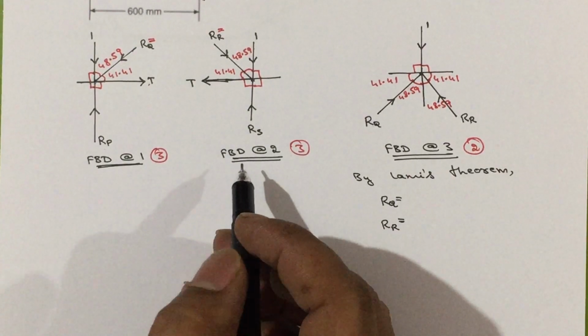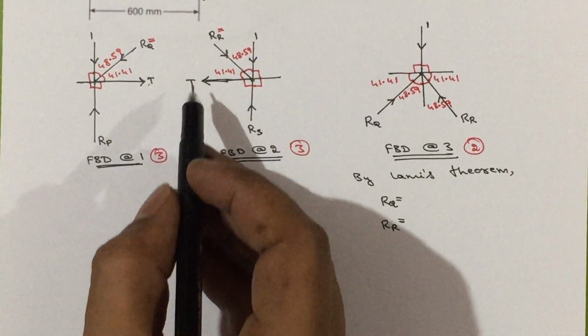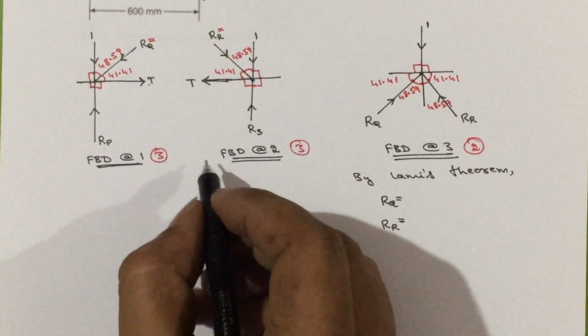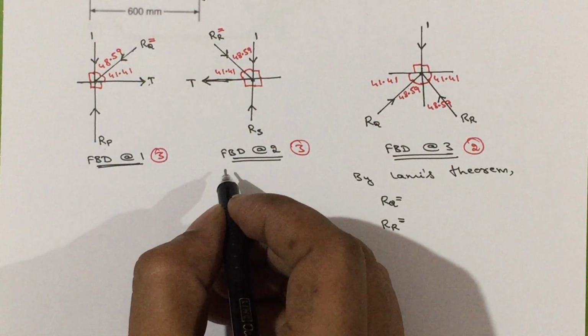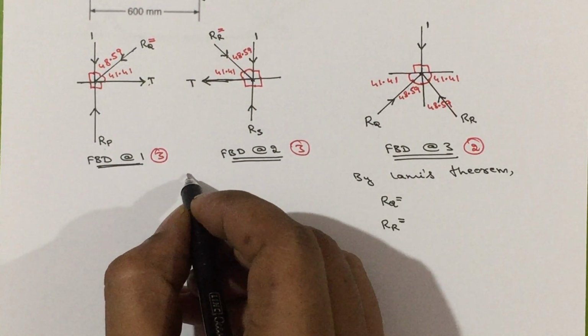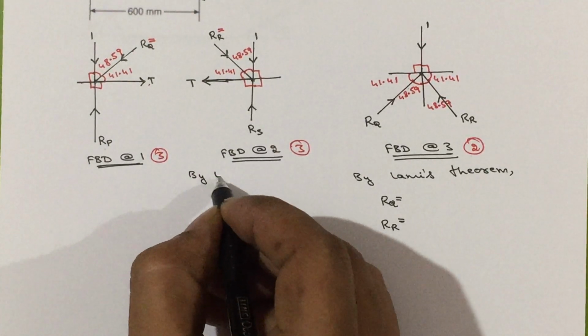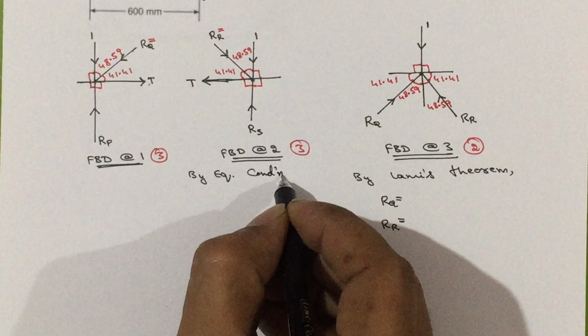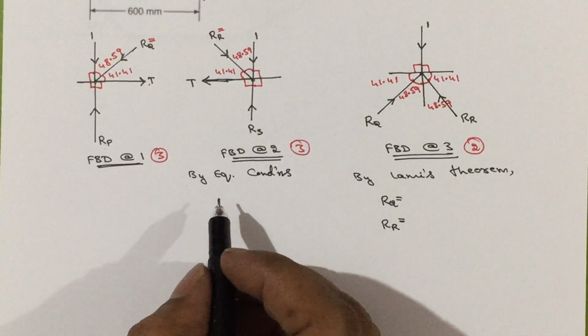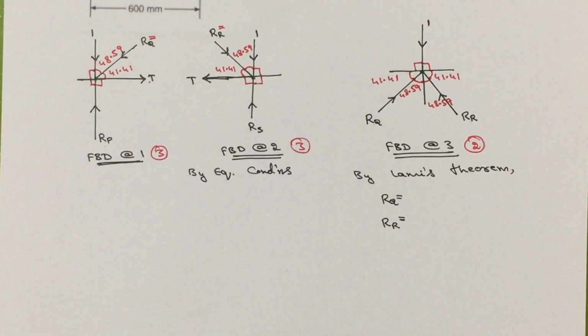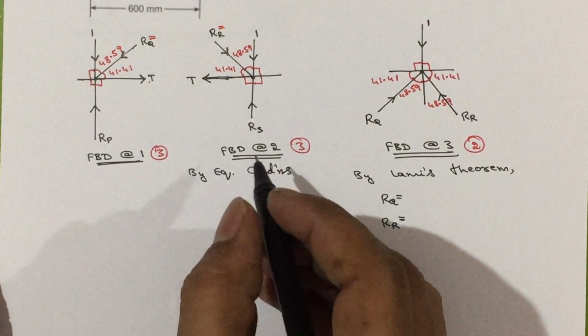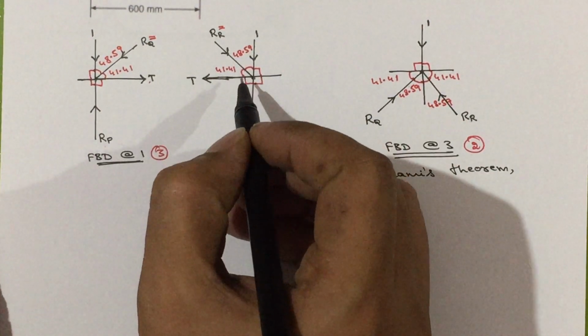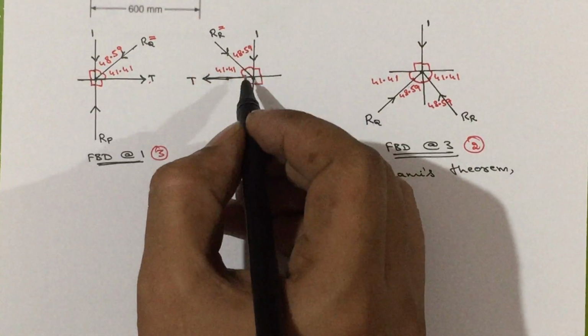For that, choose the method. For that, count the number of forces: 1, 2, 3, 4. So no, we can't make use of Lami's theorem. We will go for equilibrium conditions, that is sigma Fx is equal to 0 and sigma Fy is equal to 0. Before applying the equilibrium conditions, we should know the horizontal angle and split the inclined forces.